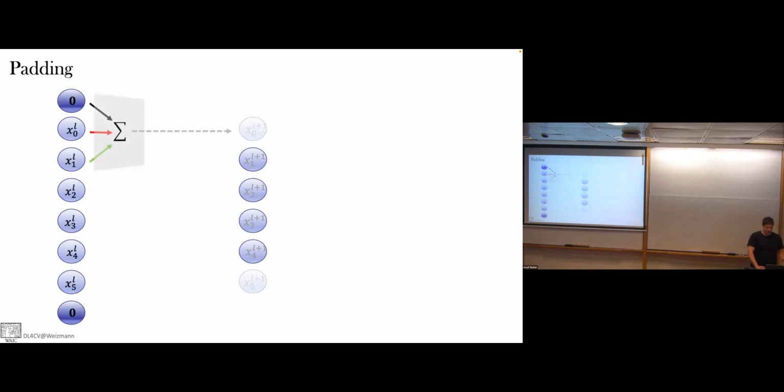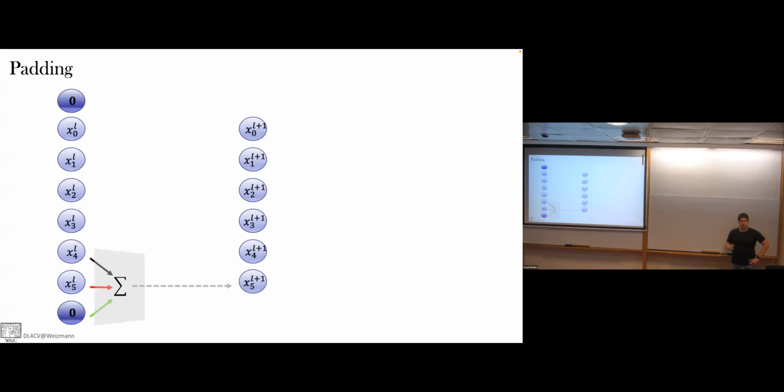Now we get what we wanted, because 0 is multiplying this black weight, and now we have only the red and green. So we get this padding. And now we get all of these. All right. So far, so good. To handle half the filter, to put it in the same size as the input.